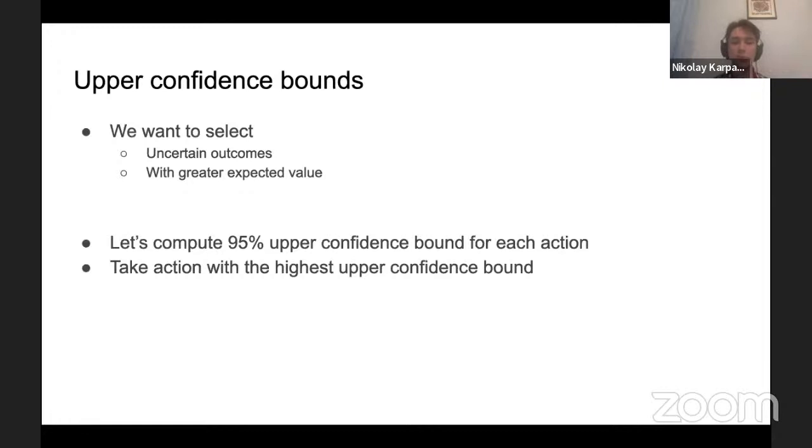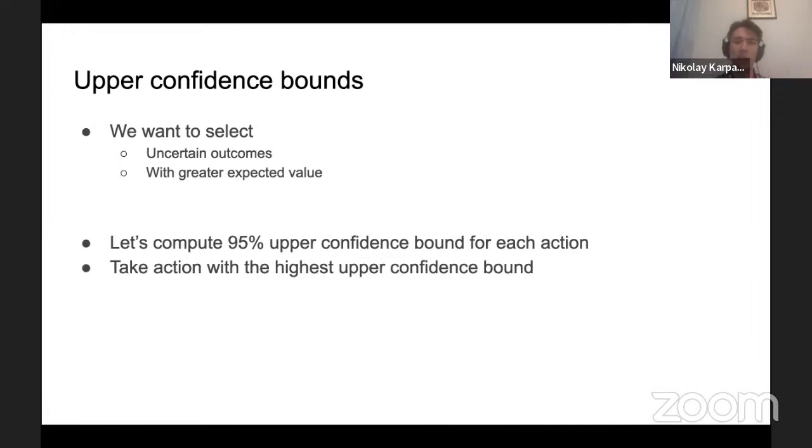So another way to do this is by using upper confidence bounds. If you have seen this in the statistics course, you're probably familiar with this idea. So upper confidence bound is basically the value that, according to our estimates, exceeds the value of some distribution with a given percent of chance.